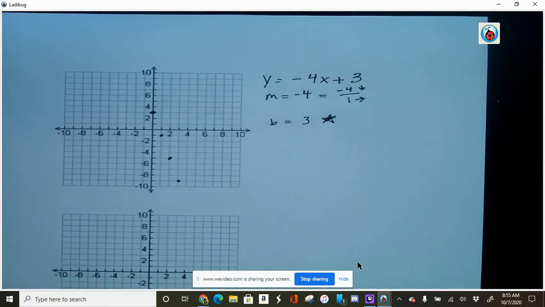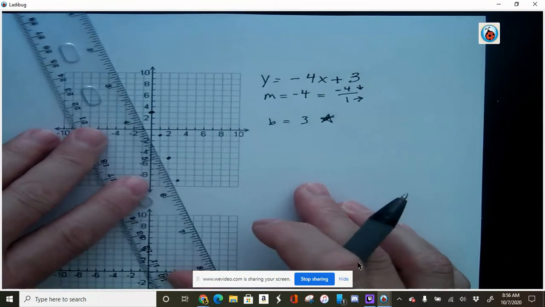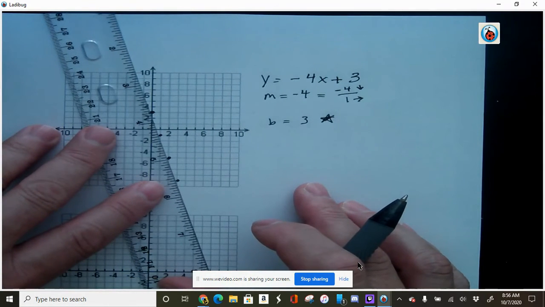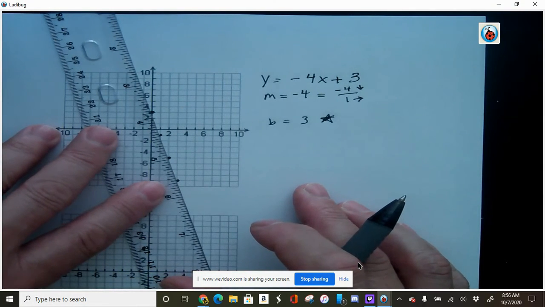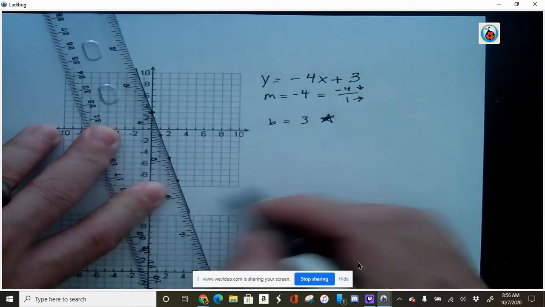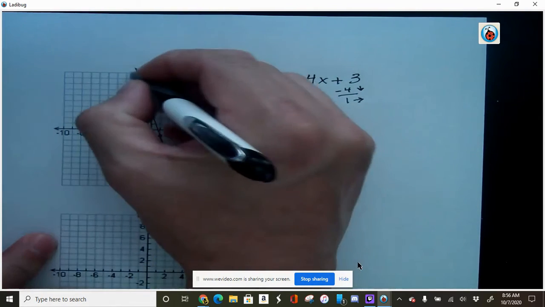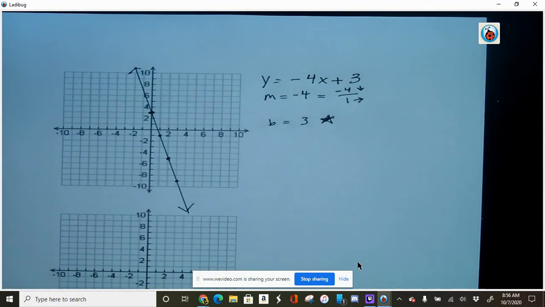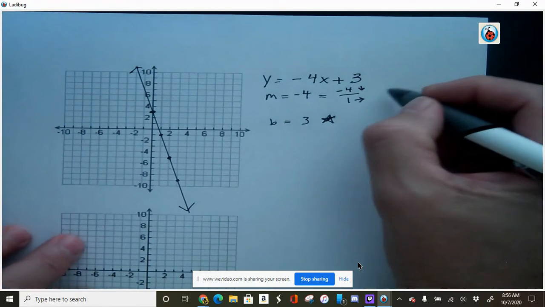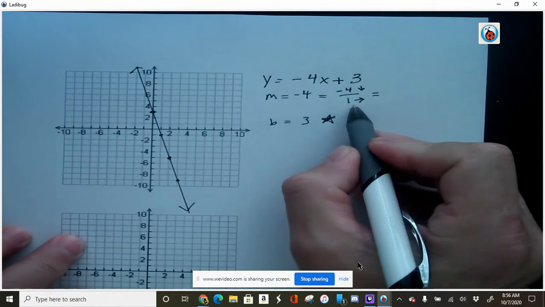Okay, so I'm not going to draw my line yet, but you know what? I will. I can show you a situation when I can go left if I wanted to, instead of always going right. All right, so there's my line. I do want to say that we are allowed to go left.